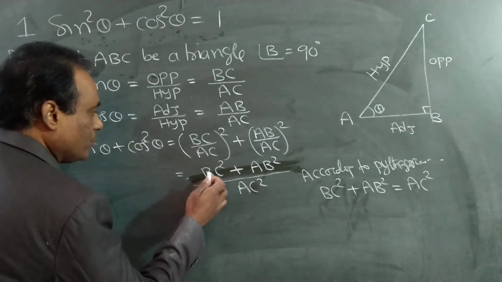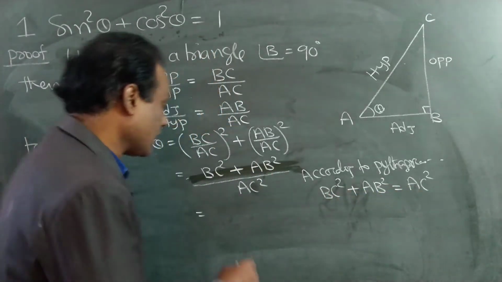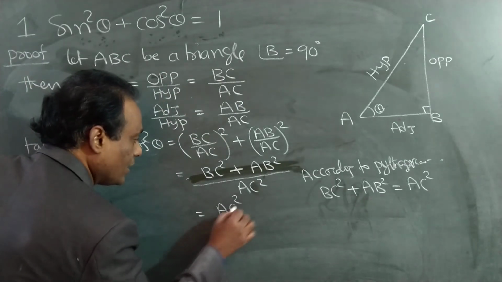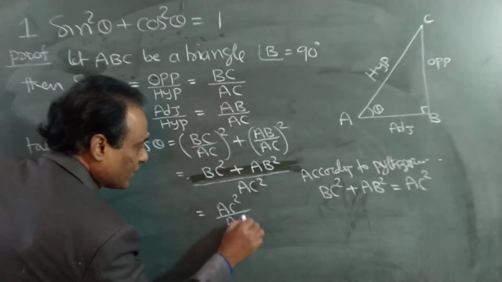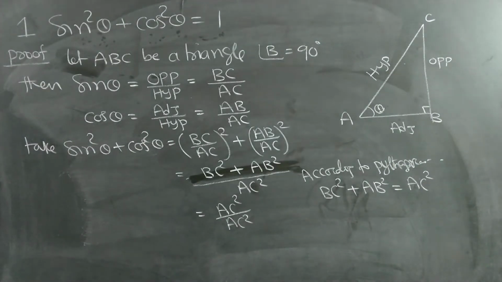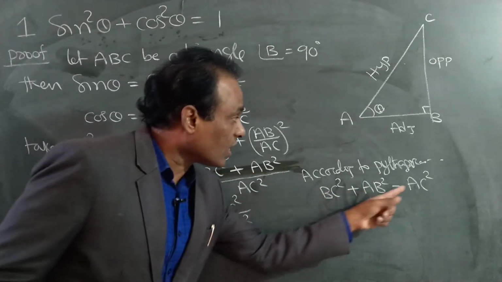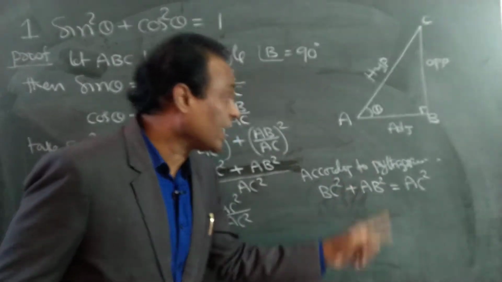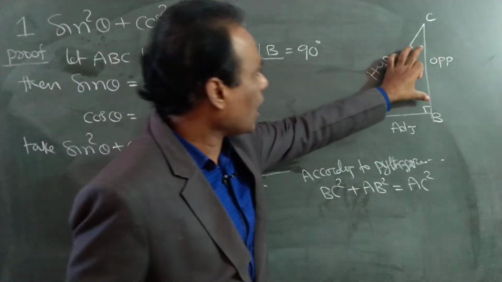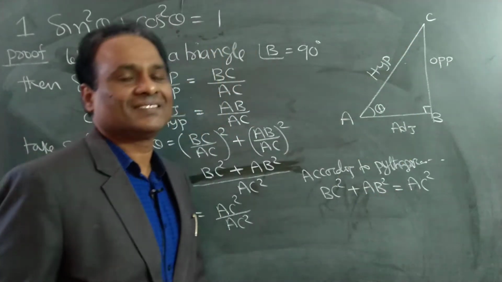So see here, BC square plus AB square is equal to AC square. See carefully how I am applying the Pythagoras Theorem. In place of BC square plus AB square, I write AC square, because opposite square plus adjacent square is equal to hypotenuse square.